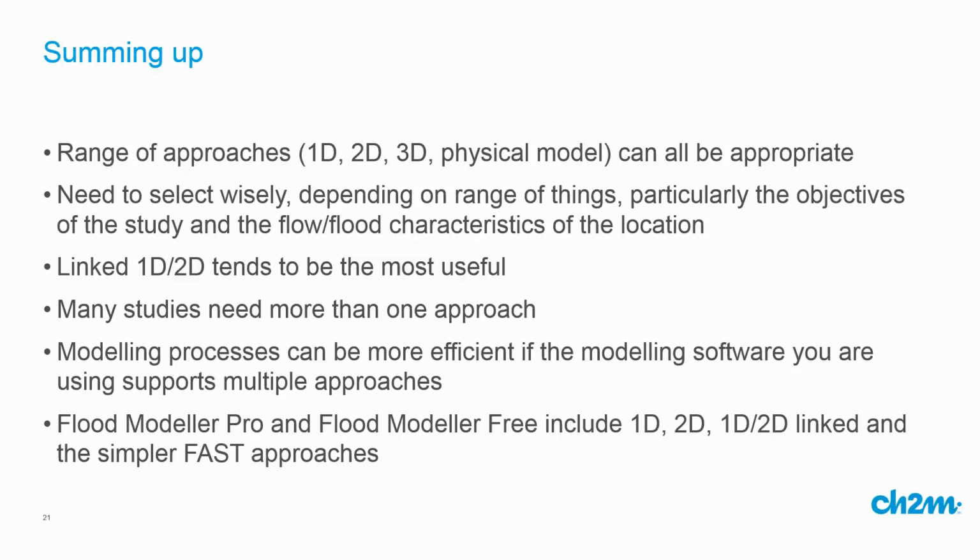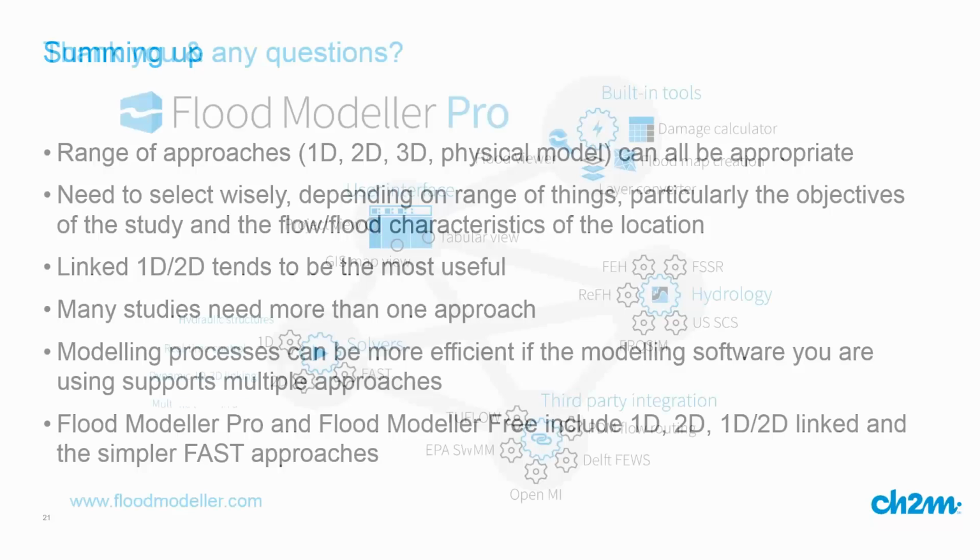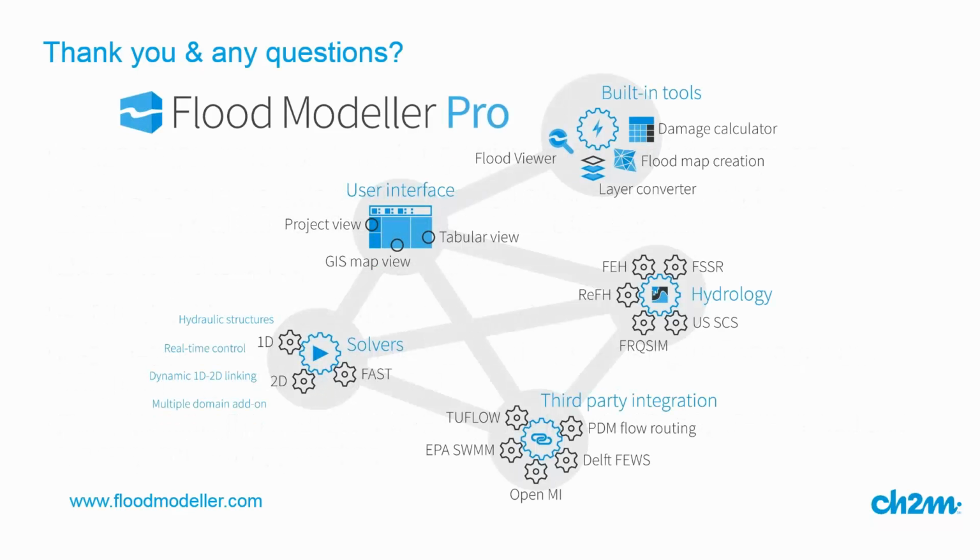And this is where the Flood Modeler Pro and Flood Modeler Free software really come in, because they've got 1D and 2D, linked 1D, 2D, and also, I haven't mentioned it so far, a simpler 2D approach called FAST, which runs in seconds. It can run about 100,000 times quicker than the full 2D approach. It was likely to give you lower accuracy, but it may well be good enough for what you're simulating. And with that, I'd like to end the session.